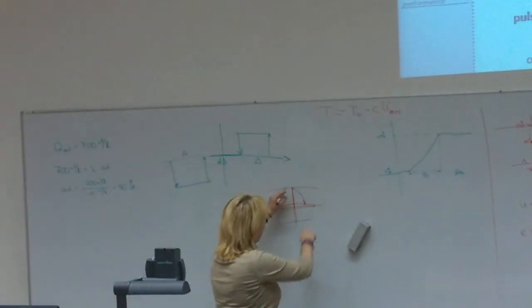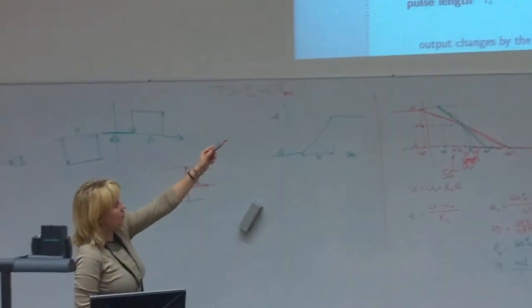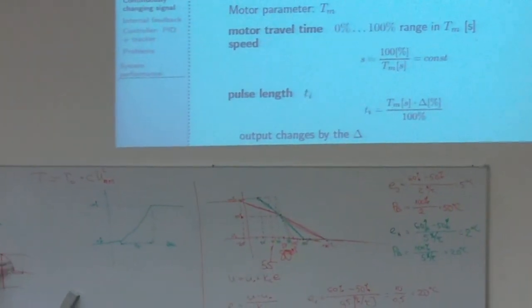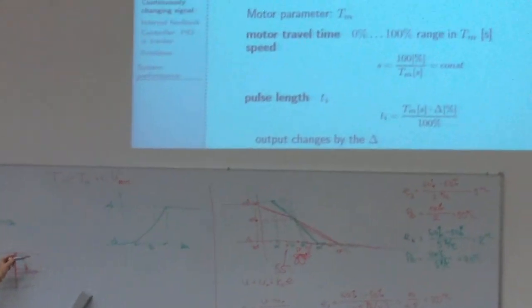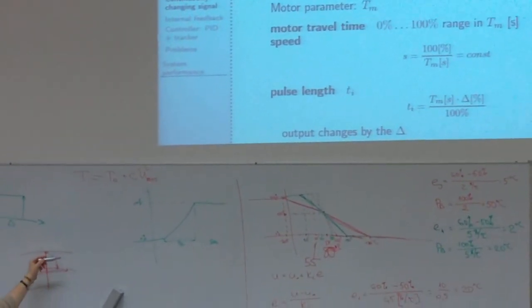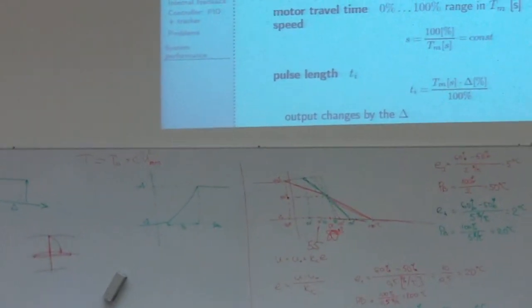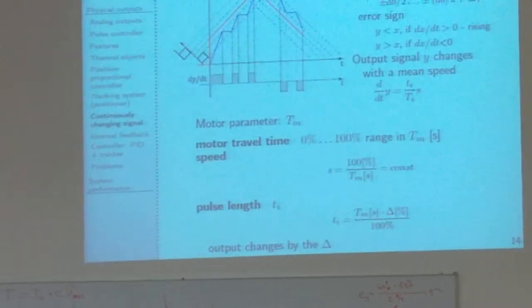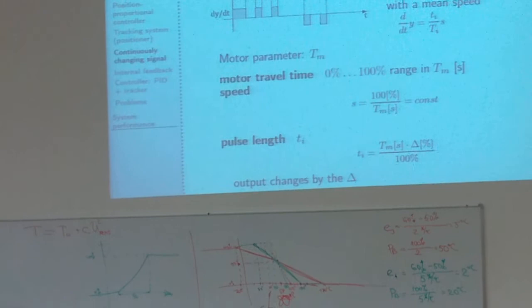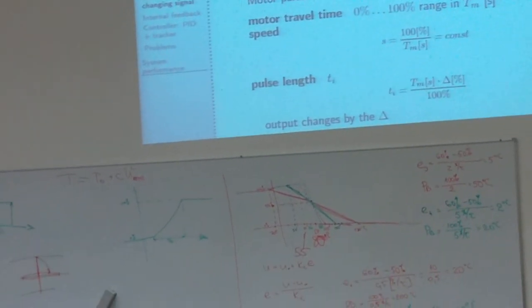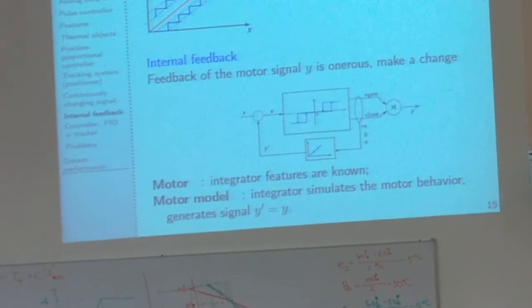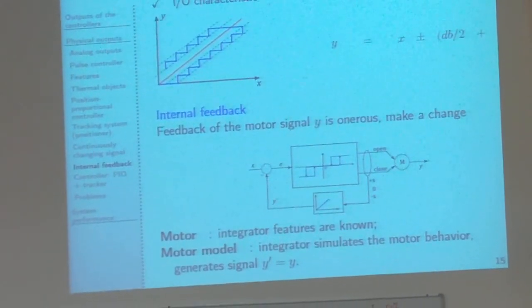So in that case, our 100% will be an angle of 90 degrees. Okay, yeah. Okay, it's just a bit confusing, this unit.